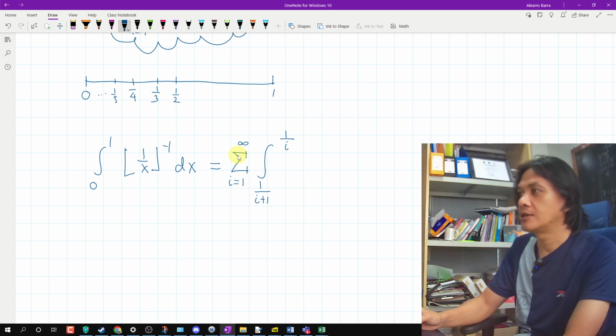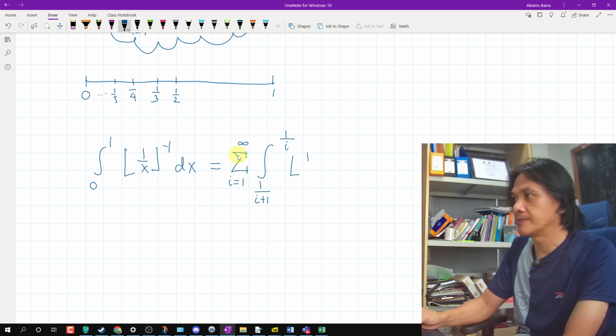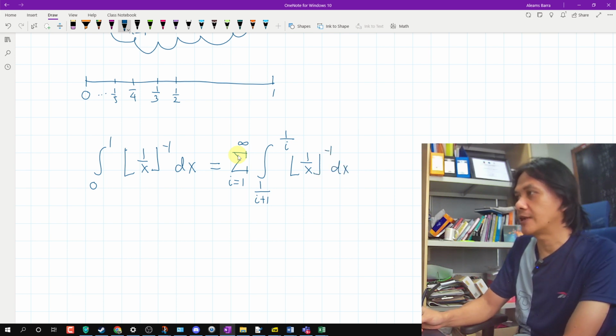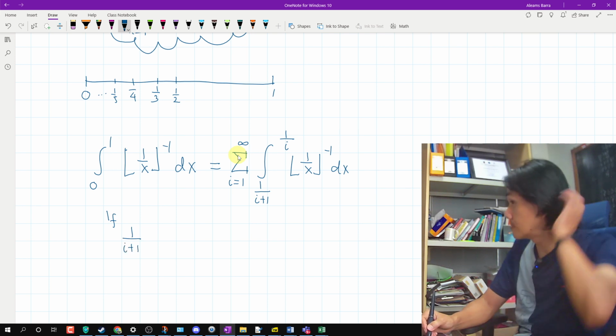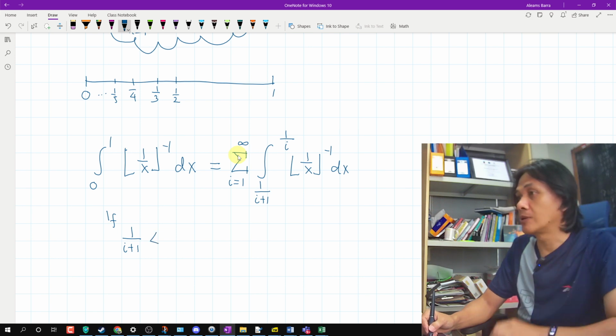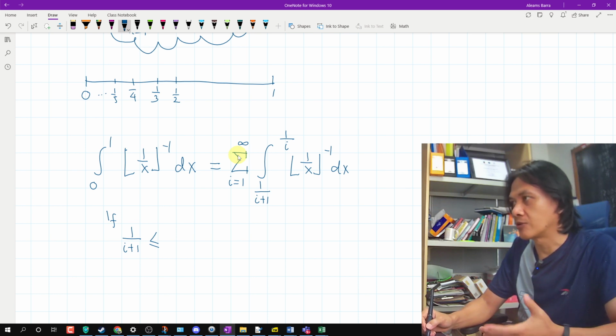Okay, all right. Now notice that if x is on this interval, at the moment we just use the less or equal. Later we will fix it a little bit to make it correct.